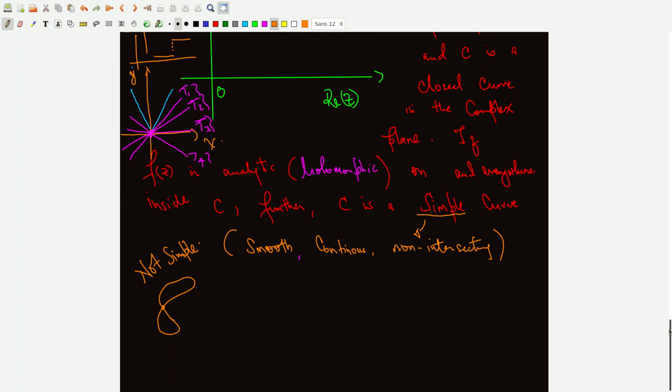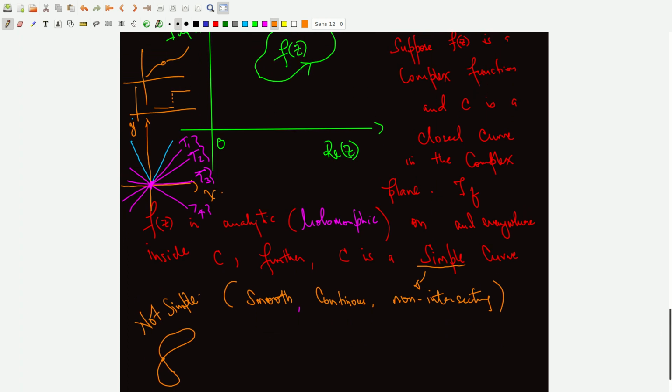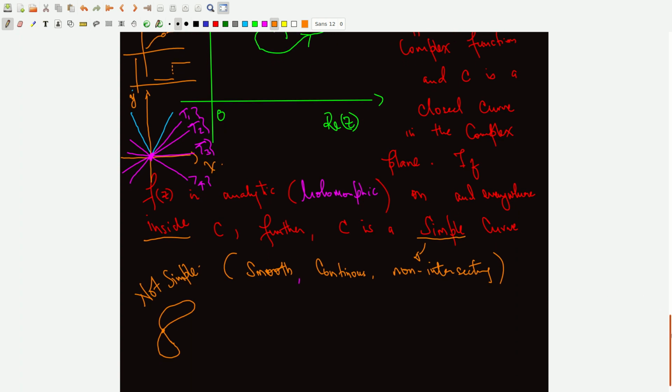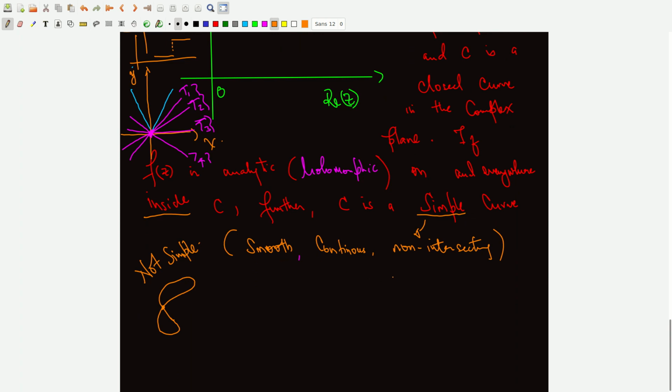So once again, if it is analytic on and everywhere inside C, don't forget this, and C is a simple curve, simple in the sense that it is smooth, continuous, and non-intersecting, then something very important: the contour integral, that is the closed path integral of f of z with respect to z, equals 0.